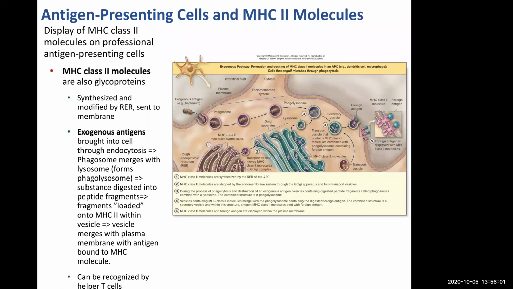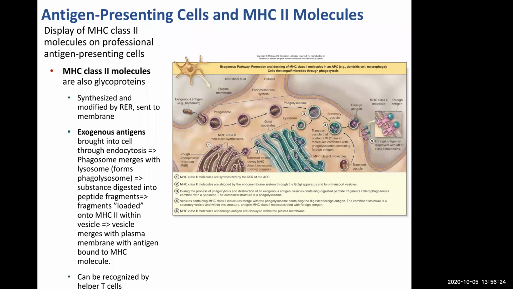And again, the cells that see antigen in the context of MHC class 2 are T helper cells. And cytotoxic T cells work, the cytotoxic part tells you that when they see foreign antigen in the context of MHC class 1, they target and destroy that cell.